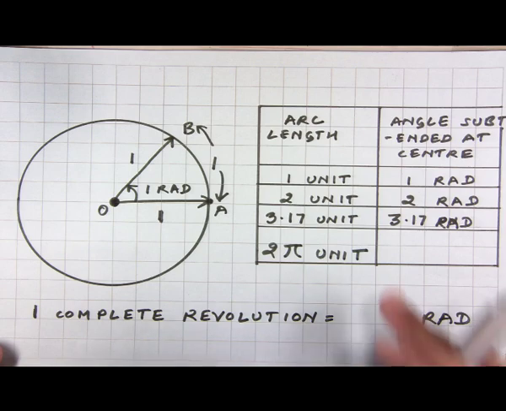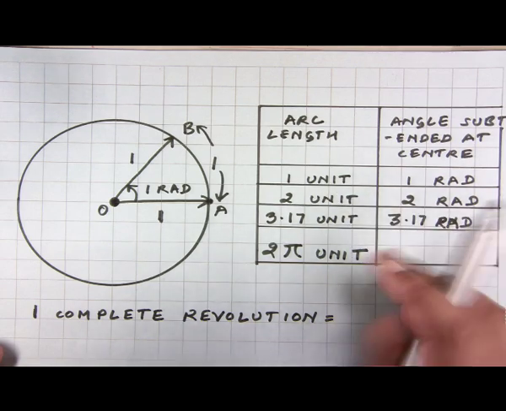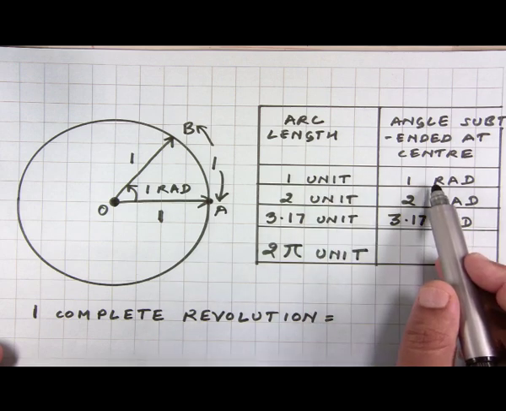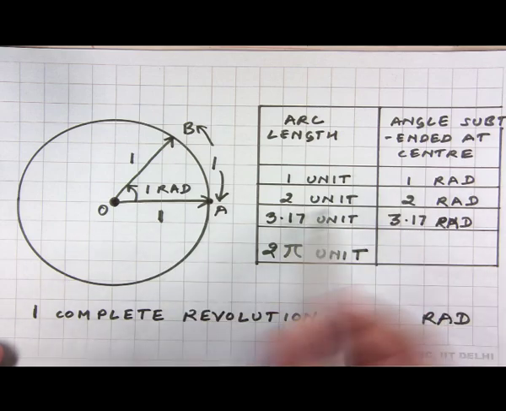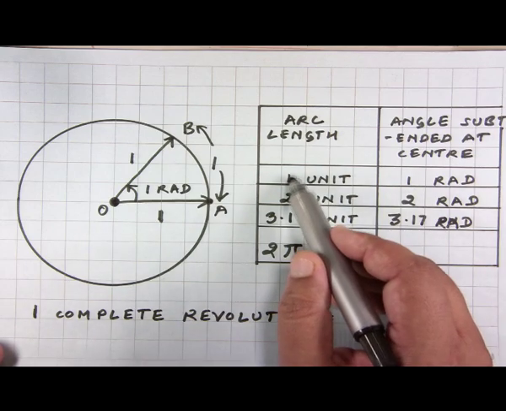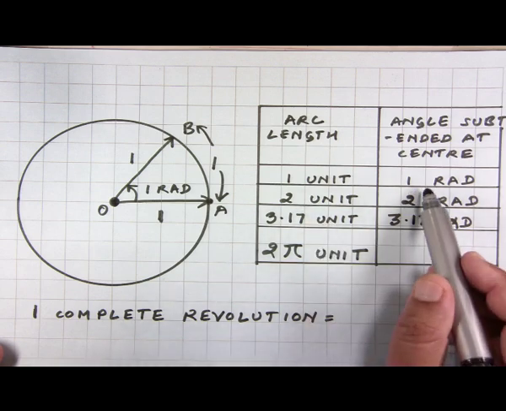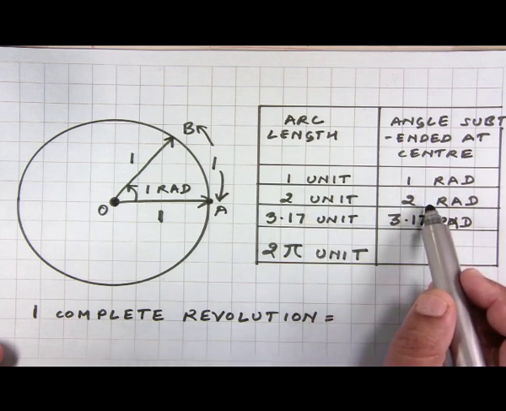and therefore, going by this fact that the arc length and the angle subtended are equal, what I mean is that if the arc length is 1 unit, then the angle subtended at the center is 1 radian, and if you double it, then the angle subtended at the center also doubles.